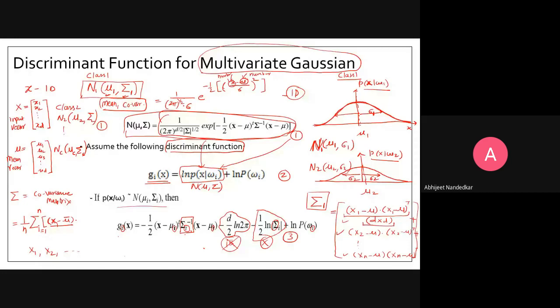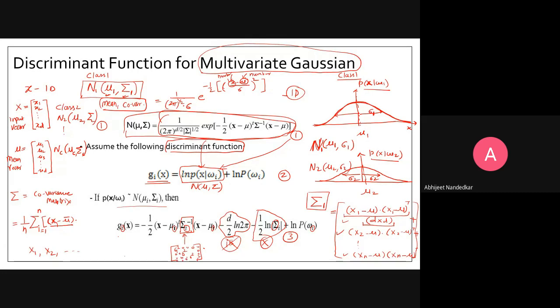And this sigma, as I have assumed, is of this type. That is, there is sigma square here, sigma square here, sigma square up to all the dimensions and off diagonal elements are 0.